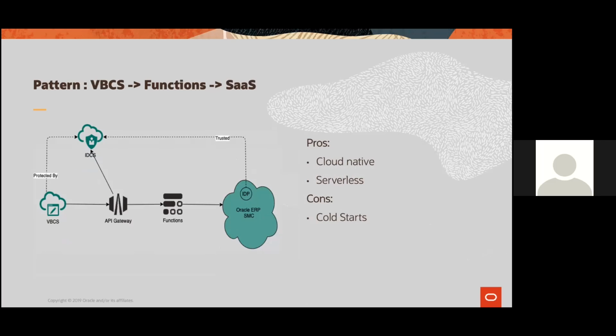The fourth option is VBCS calling functions, calling SaaS. The good thing is it is serverless. You don't have to think about having a service hosted on a compute or anything. Everything is taken care of for you, and you are billed only for the uptime of the function. The only negative side is the cold starts you have with functions.